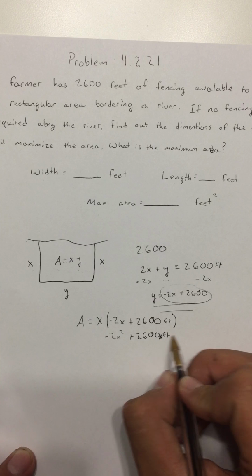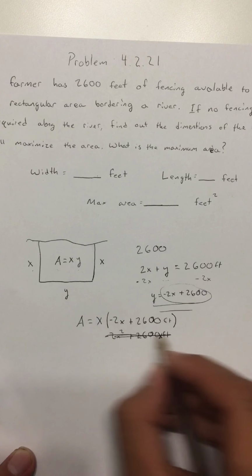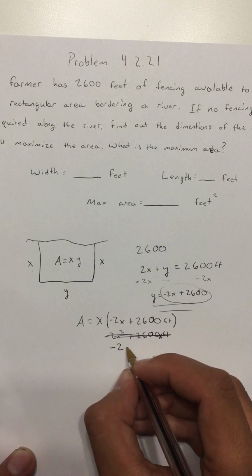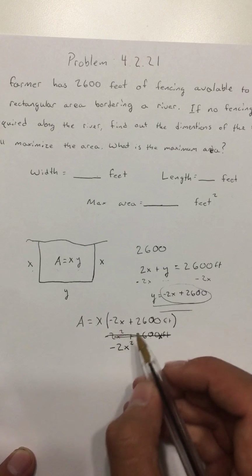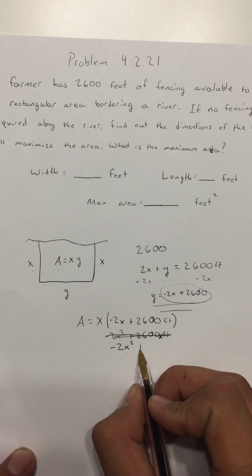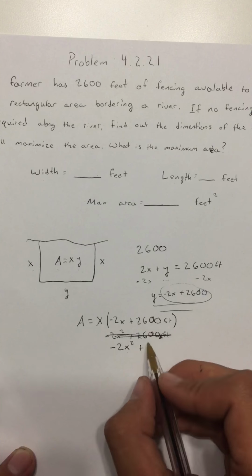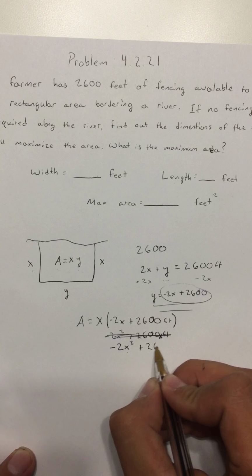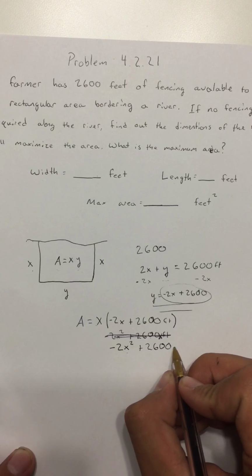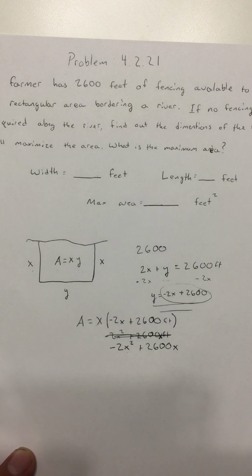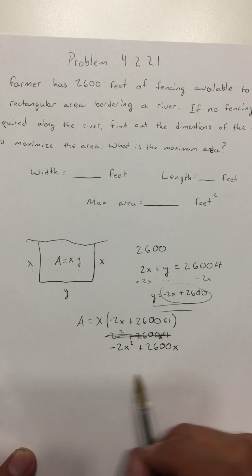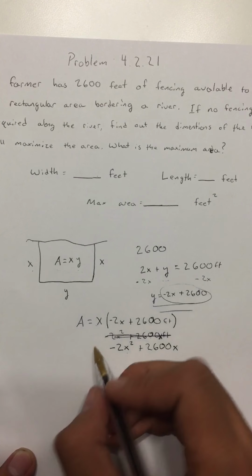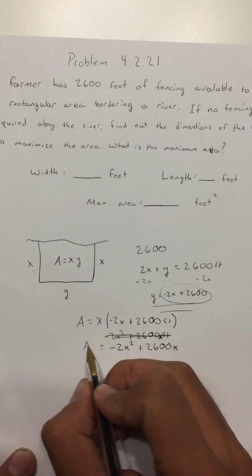Let me rewrite that. Negative 2x squared, when x is multiplied by negative 2x, plus x being multiplied by 2,600, so 2,600x. We'll leave the feet off for now. So this is what we have is equal to A.